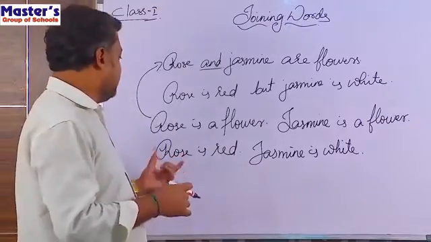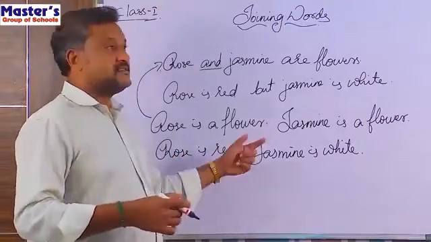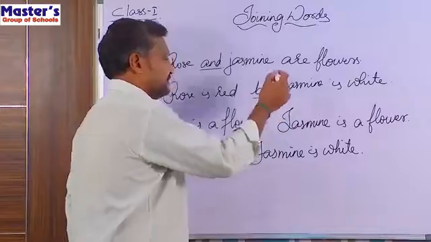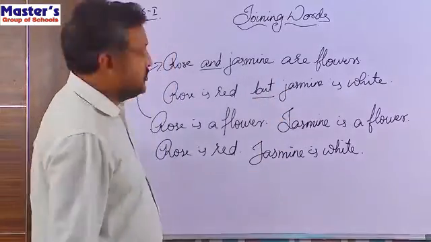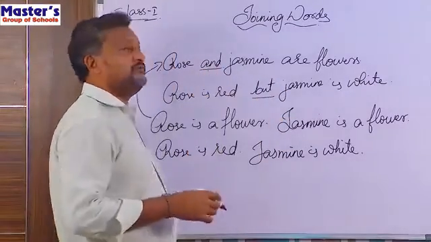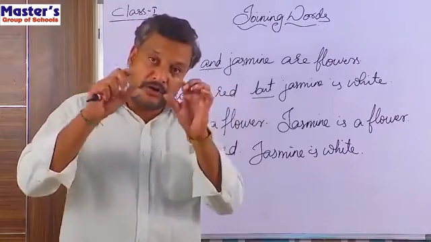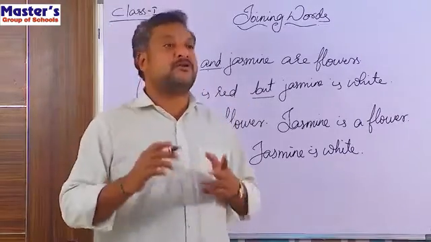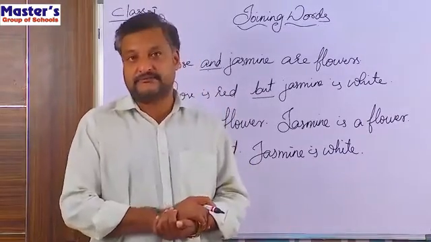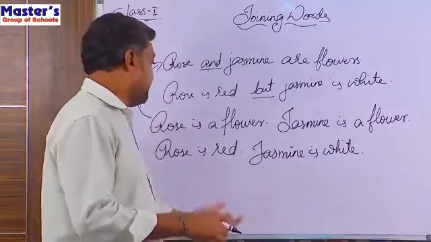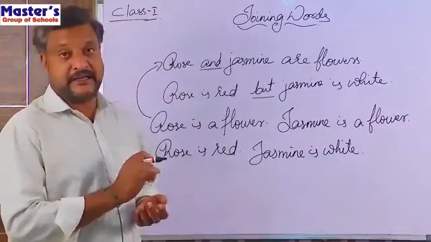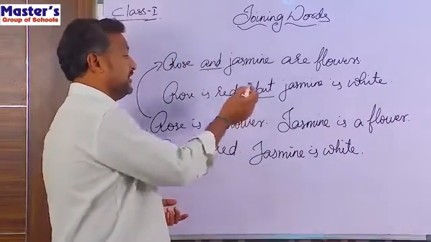So as they are dealing with different ideas, then we use but. So, and is used when we have to combine or join or unite two sentences of the same idea. If they have different or opposite ideas, then we use but.